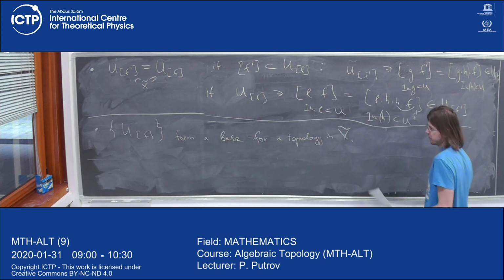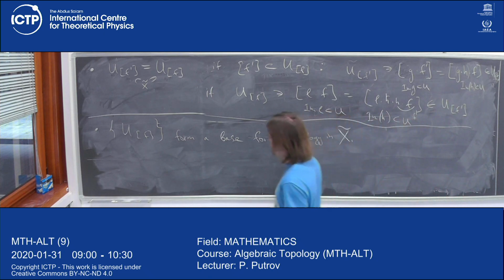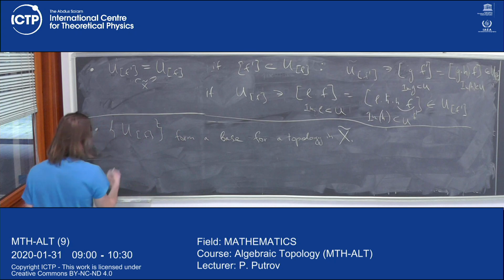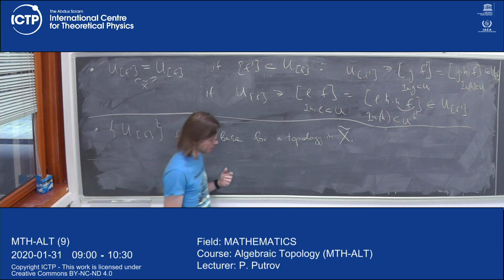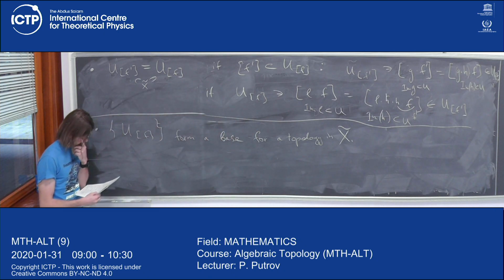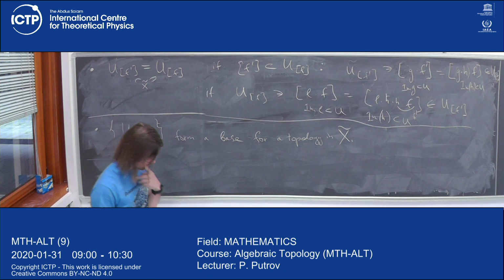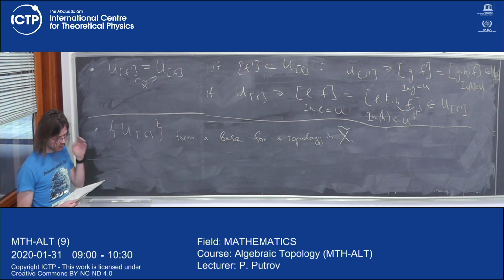It's up to us how to define a topology on X, but if you want to define a topology using a base, not any collection of sets forms a base. So if you probably know in your course of general topology, there is a condition on a collection of sets to be a base for some topology.